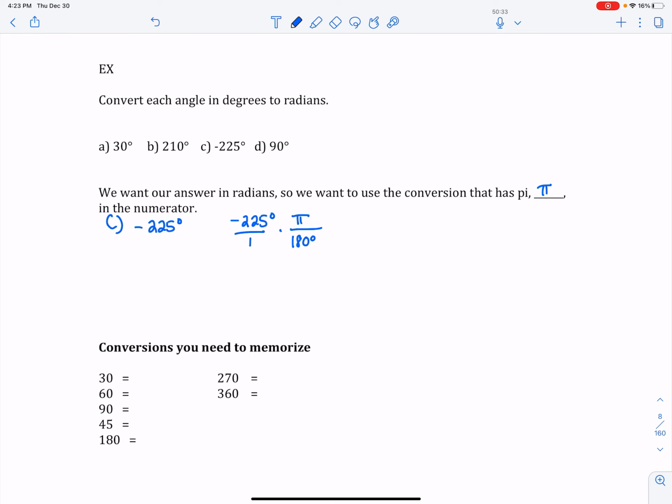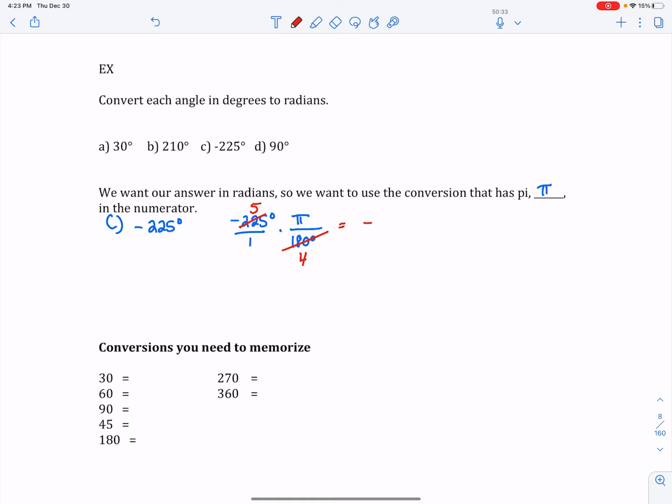I know that 180 is divisible by 45, as is 225. So 180 divided by 45 is going to be 4. 225 is going to be 5. 5 times 45 will give me 225, so that's how I got that.